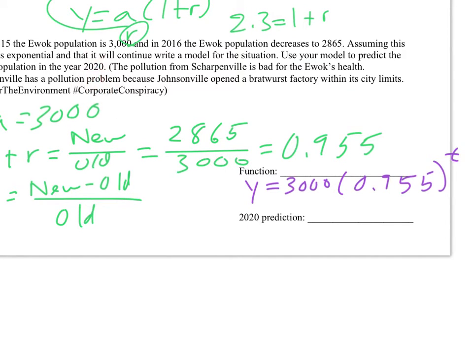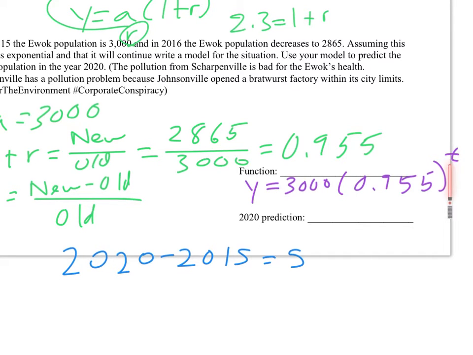And the last thing we're looking at is to figure out the population in the year 2020. So if 2015 is year 0, then we subtract 2015 from the year in order to get the value for t. So 2020 minus 2015 would equal 5, and you all knew that, I'm sure. But I'll plug in a 5 into our formula to figure out the prediction.